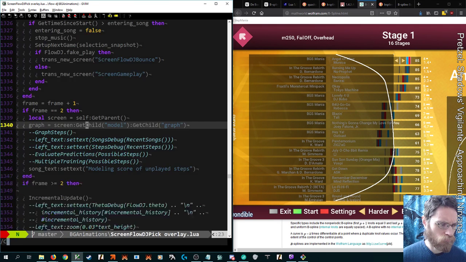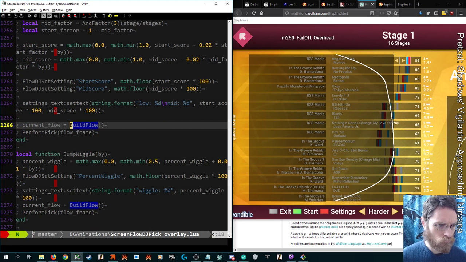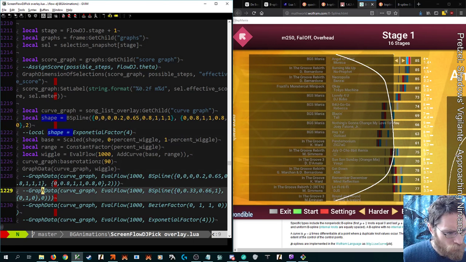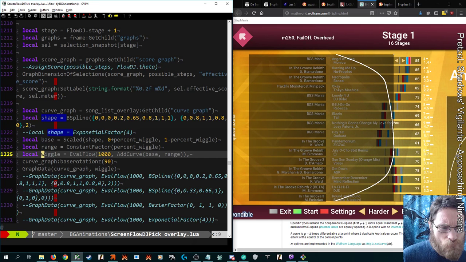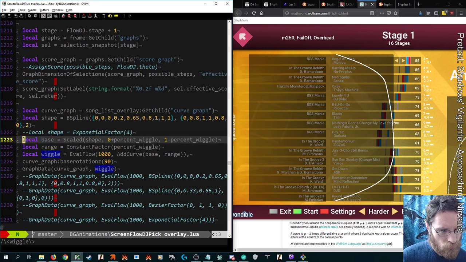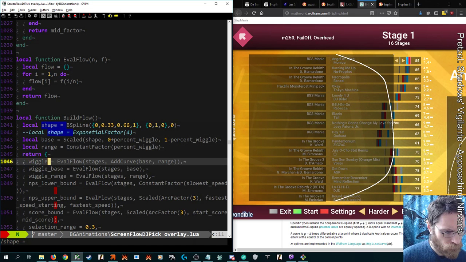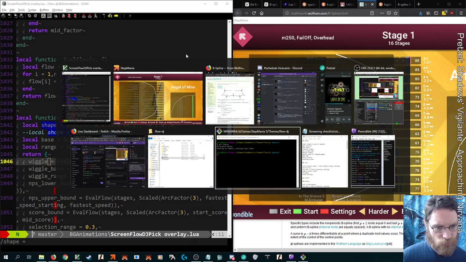Also, wait. Oh no, wiggle isn't actually the wiggle. Or it's the unwiggled, maybe? No, I actually cut that out when I was changing things.